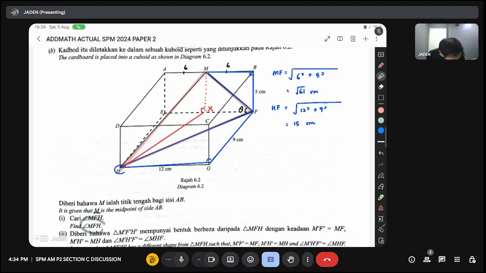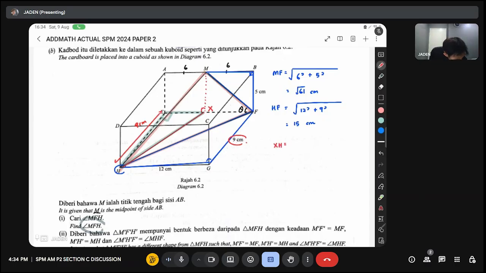As you can see here, from E to X, E to H, and also H to X, this is a right angle triangle at the bottom of the cuboid, the entire cuboid. So if I want to get the H to X, because over here, E to H is 9 cm, I got it from the opposite length here.